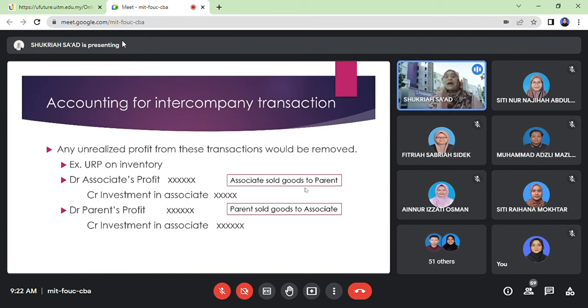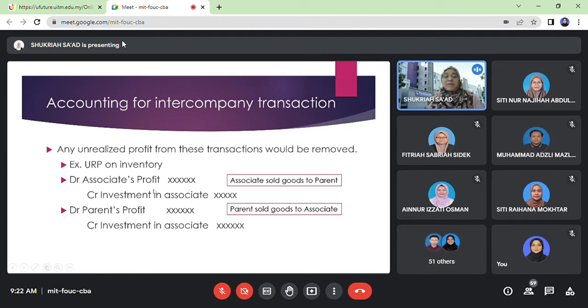So the journal entry will be debit associate profit, meaning the unrealized profit or retained profit of the associate, credit investment in associate. If the parent is the one who sold goods to the associate, the seller is the holding company, so we debit retained profit of holding, credit investment in associate. Clear, class?